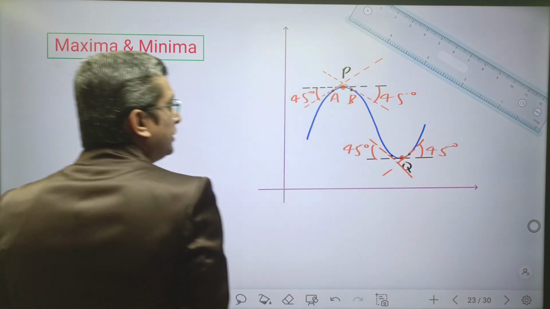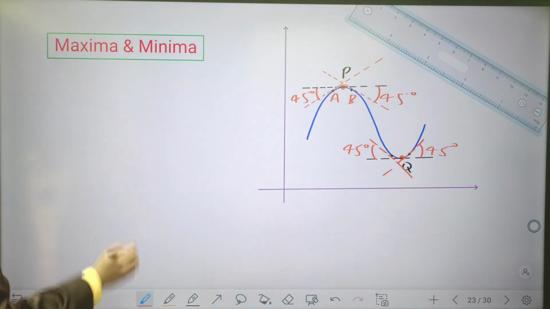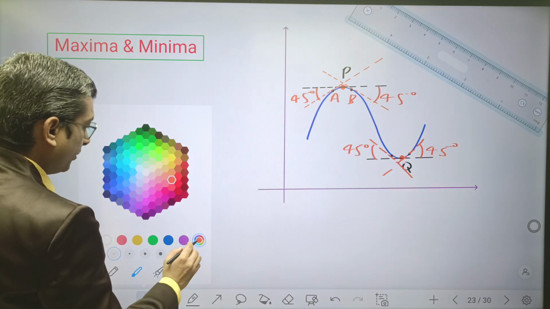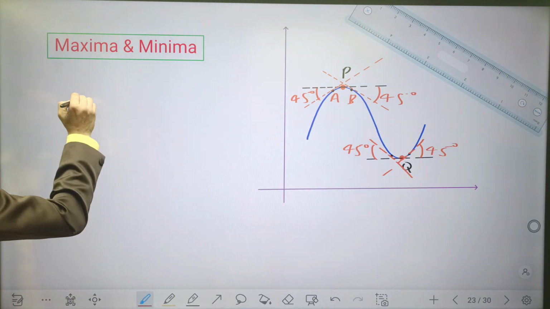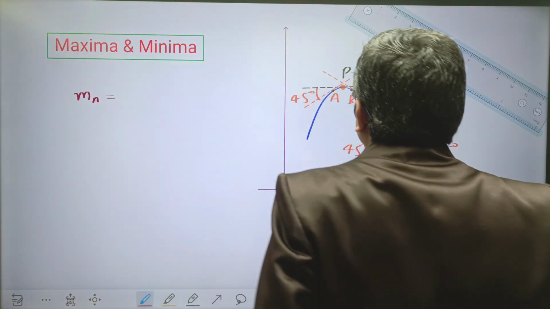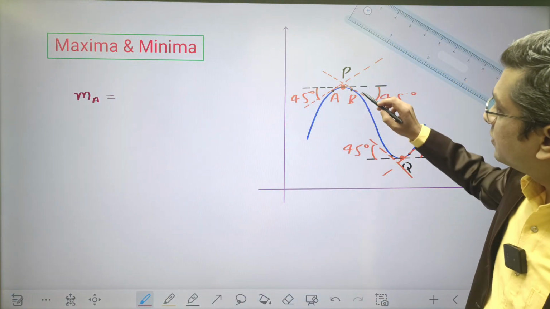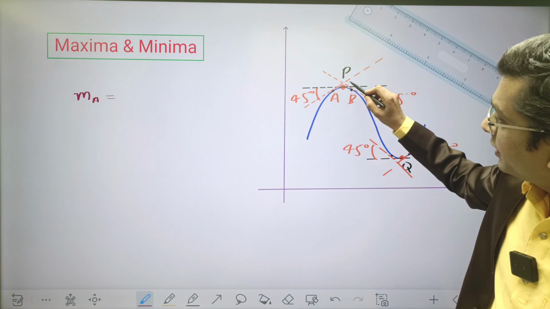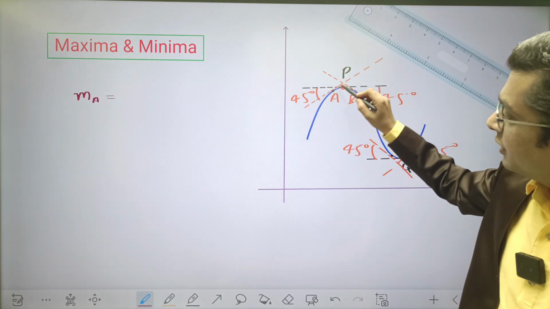So the slope at point A, observe carefully here, this is the tangent at this point, and this is the straight line.